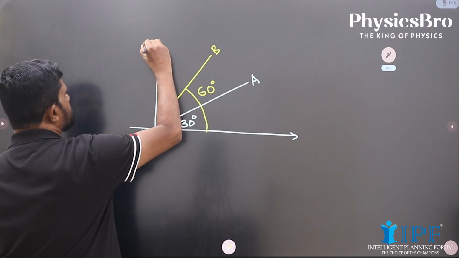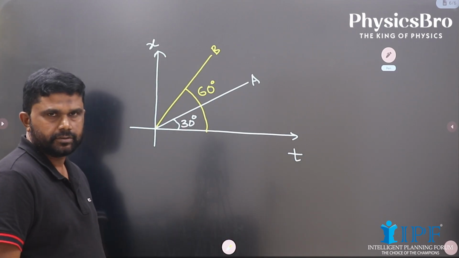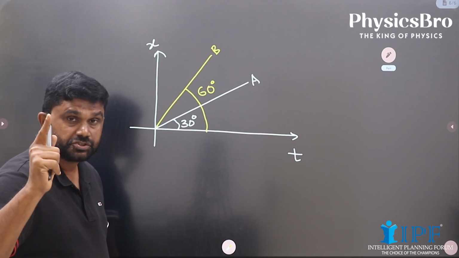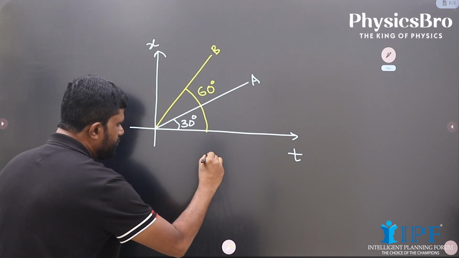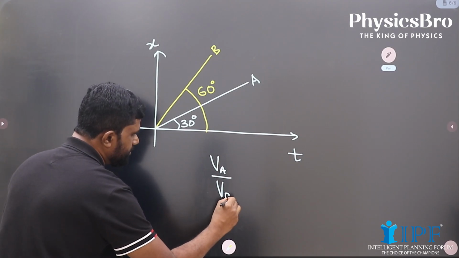Position along the y-axis and time along the x-axis. Now the question is, what is the ratio of the velocities of the two bodies? Means you have to find the velocity of A divided by the velocity of B.